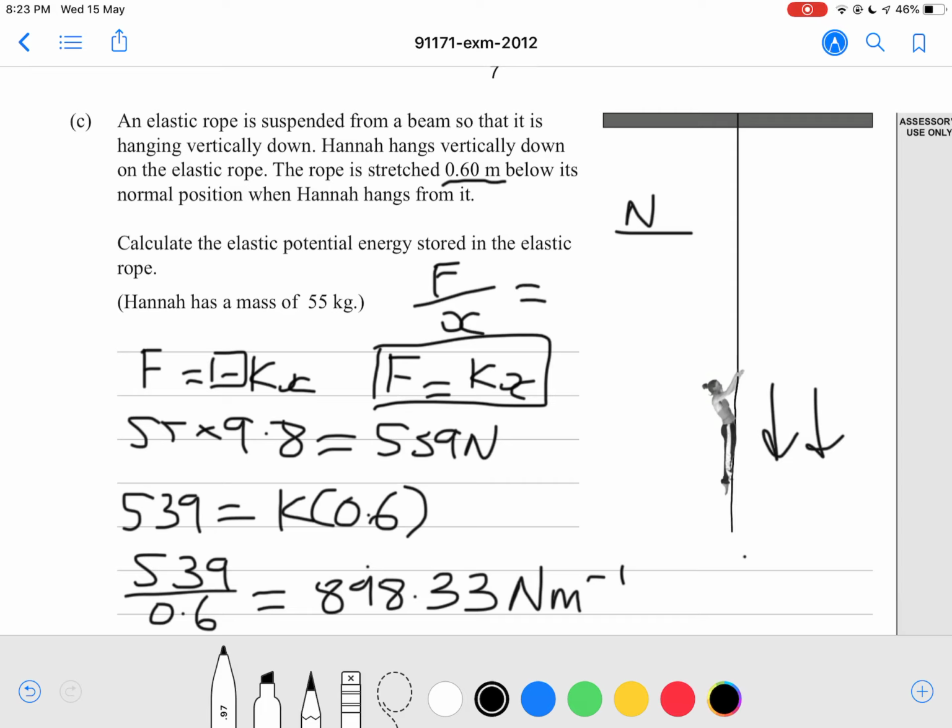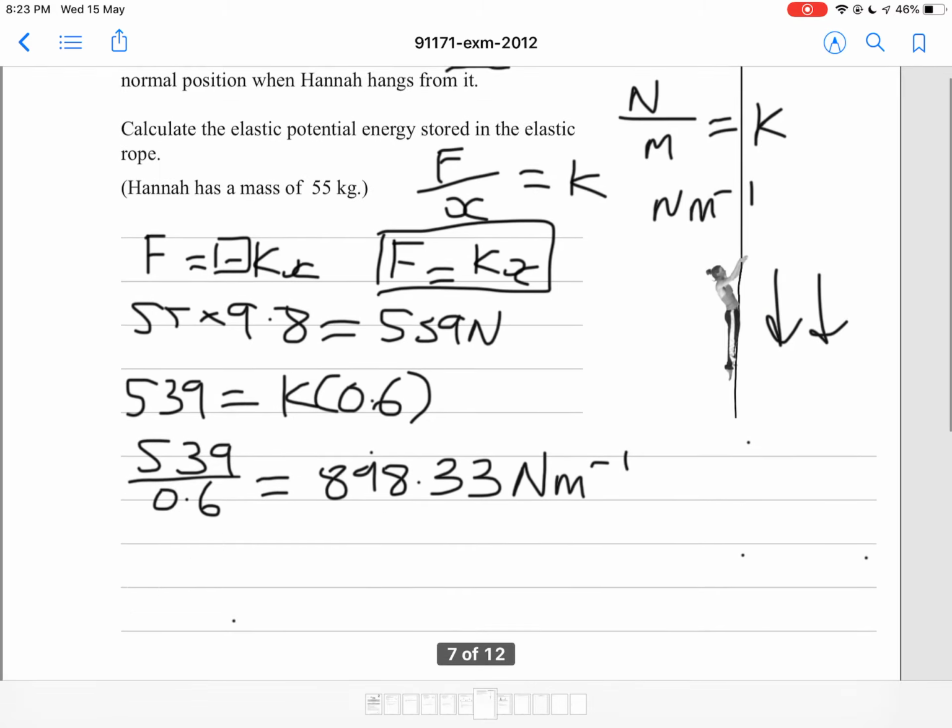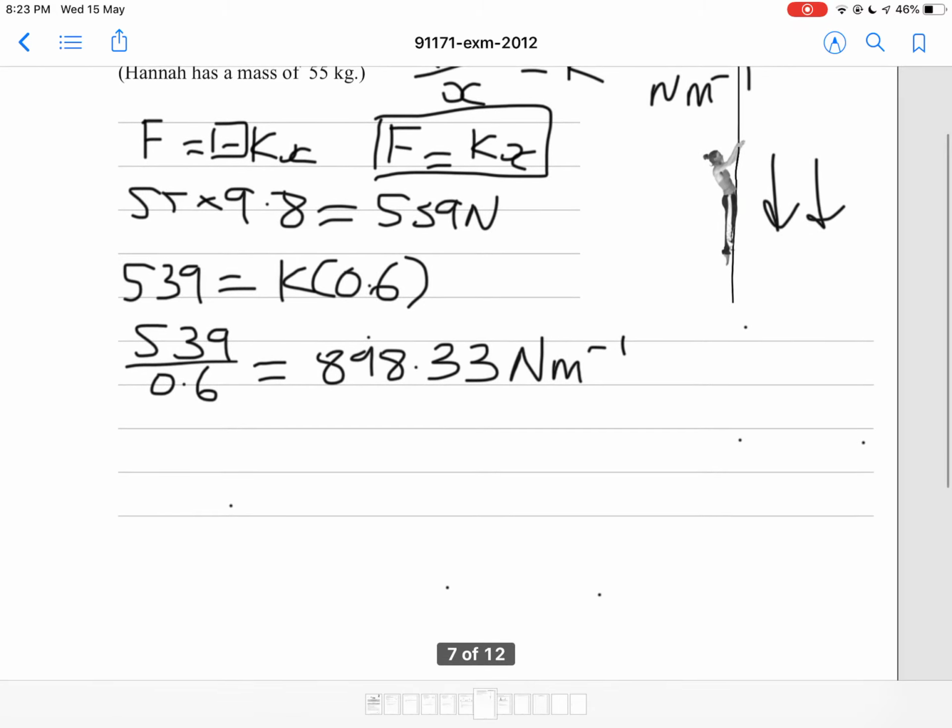That's me being stupid, sorry. Okay, so basically that's saying F is measured in newtons and x is measured in meters. It's the stretching distance. So N divided by m is k. And therefore, this can be rewritten as N multiplied by m to the power of -1, okay? So that's where the unit comes from if anyone's curious.